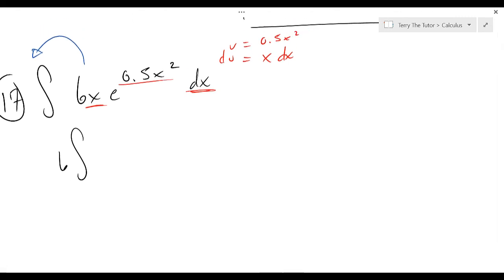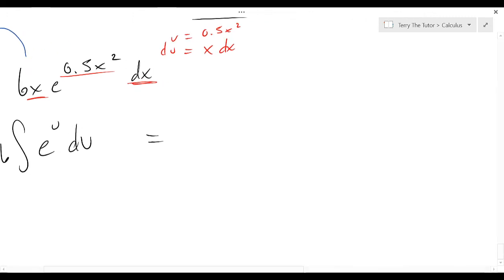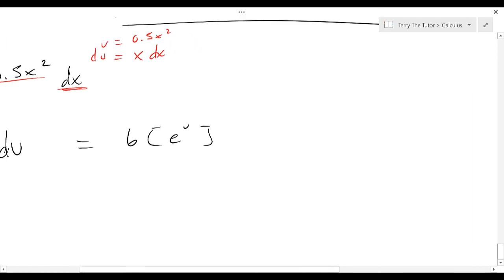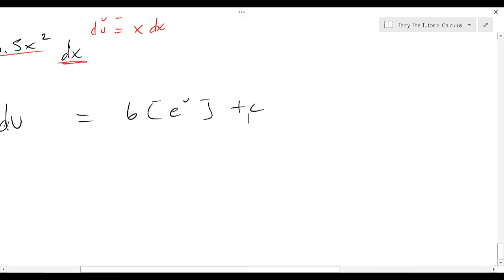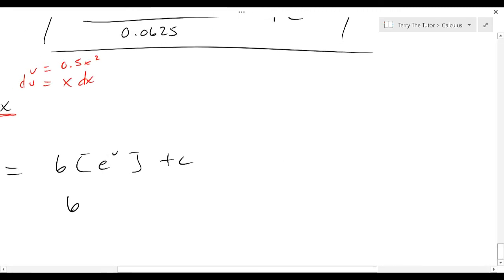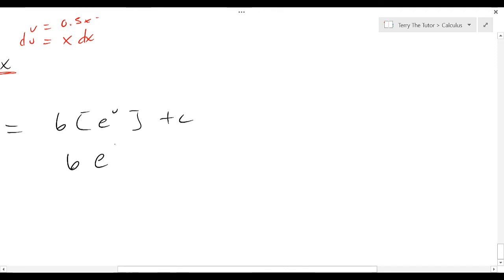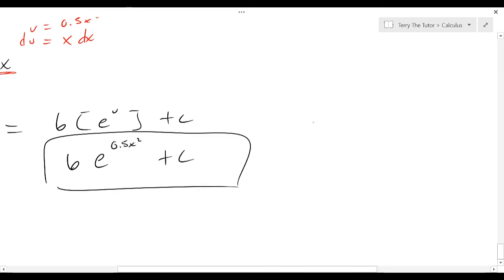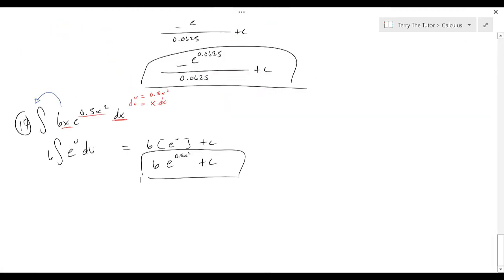Let's go ahead and use u du form now. So I've got e to the u du, and that is going to be 6 times e to the u plus c. And now we can finish it up by saying 6 e to the 0.5x squared plus c. Yeah, that's it.